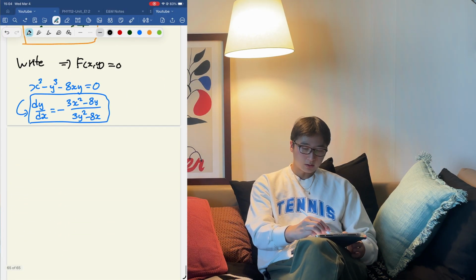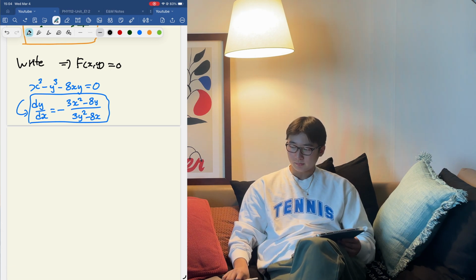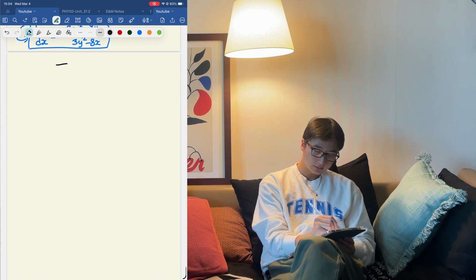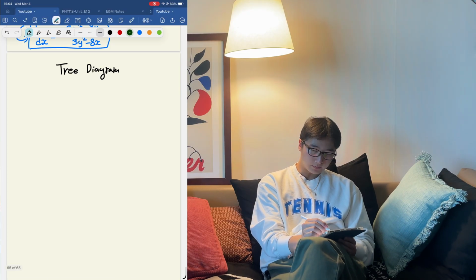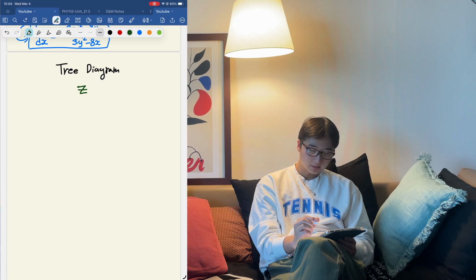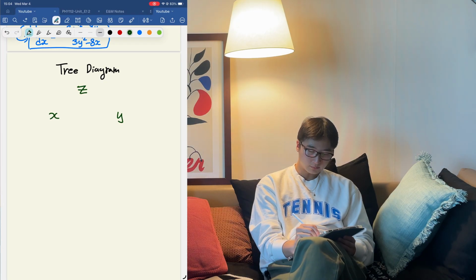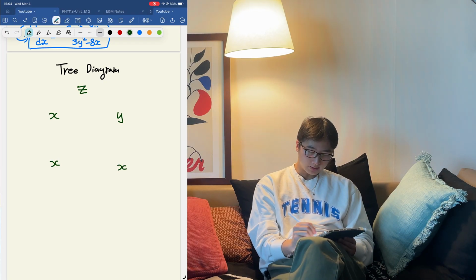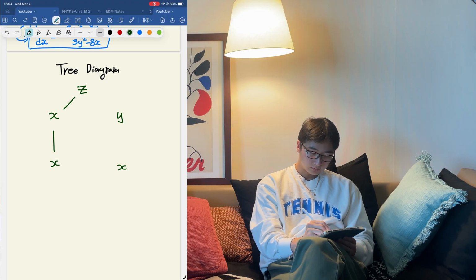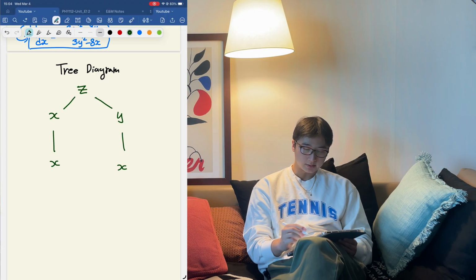If I draw a tree diagram to see the dependence, I can say on the top there's a z, then x, y, and x, and x. Something like this.